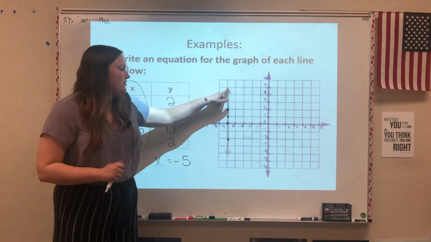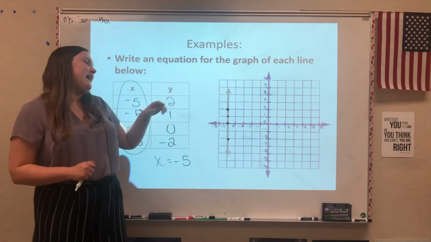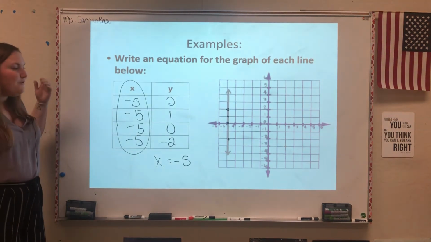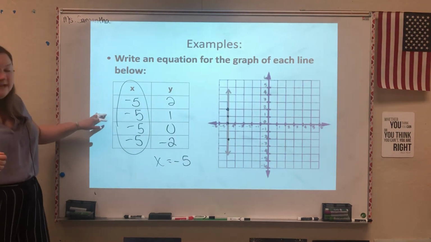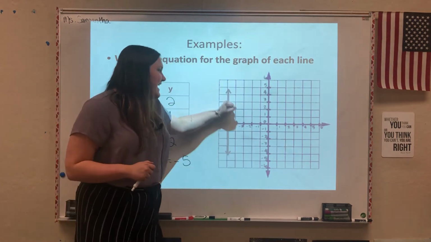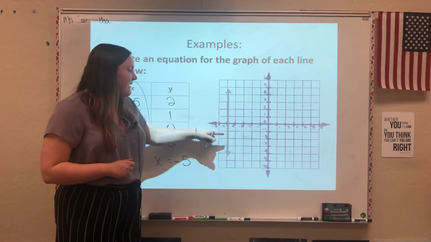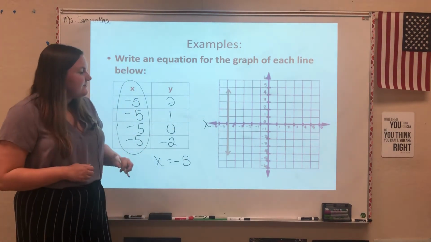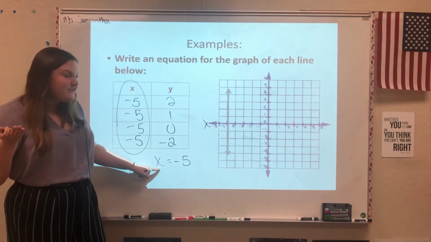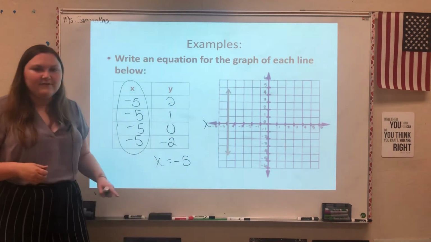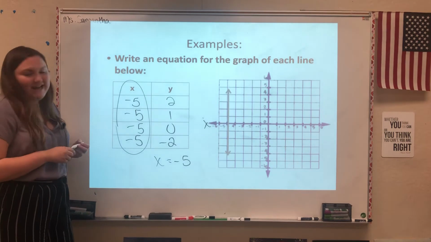This line right here shows all the different points that have an x coordinate of -5. Now, if you were writing an equation of this line without a table, what I would say is we'll see where your line crosses. Our line passes through that x-axis, so that helps me know it's going to be x equals, and it passes through our x-axis at -5, which is another way you can get the equation x equals -5.